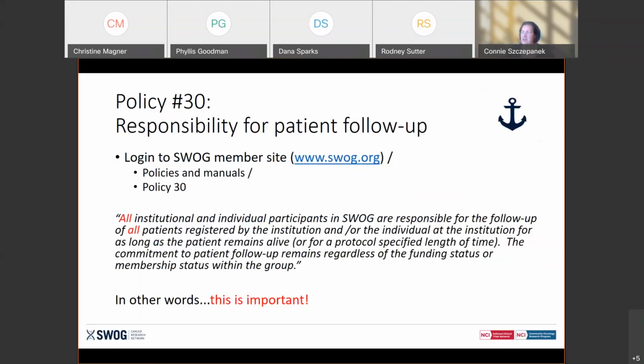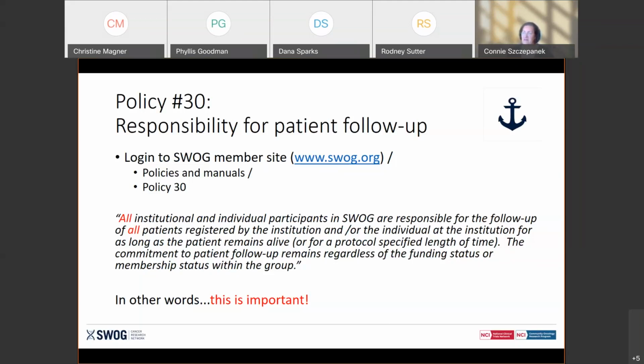If your institution's involved in SWOG, whether it's a staff member or the institution itself, all institutional and individual participants in SWOG are responsible for the follow-up of all patients registered by the institution and or the individual at the institution, as long as the patient remains alive or for a protocol specified length of time.